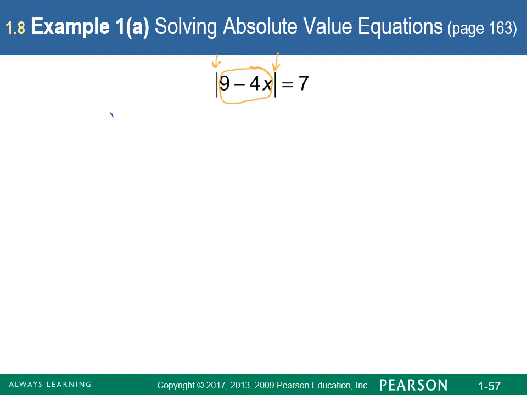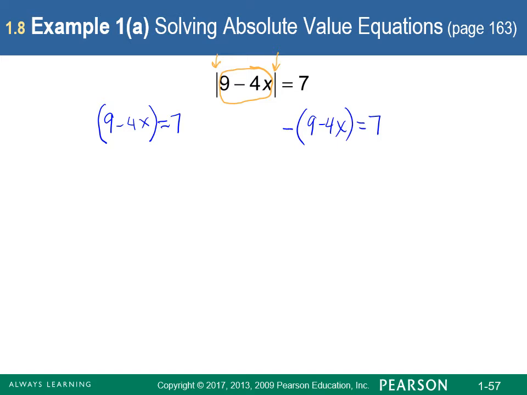We need to take the stuff that's inside the absolute value bars, replace the bars with parentheses, and write that down twice. One time, we're going to work this equation with the positive on the 9 minus 4x, and one time we're going to work the equation with a negative.